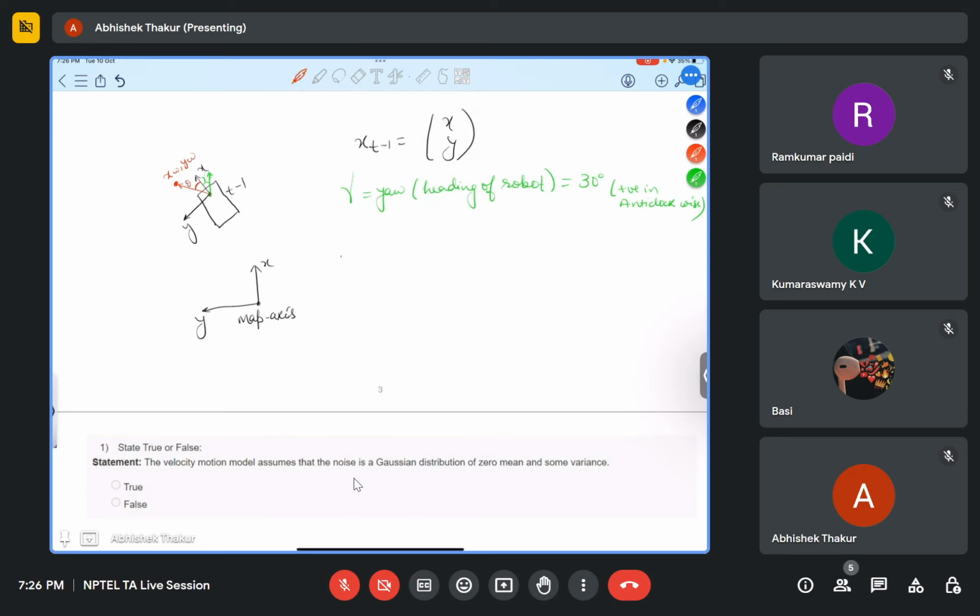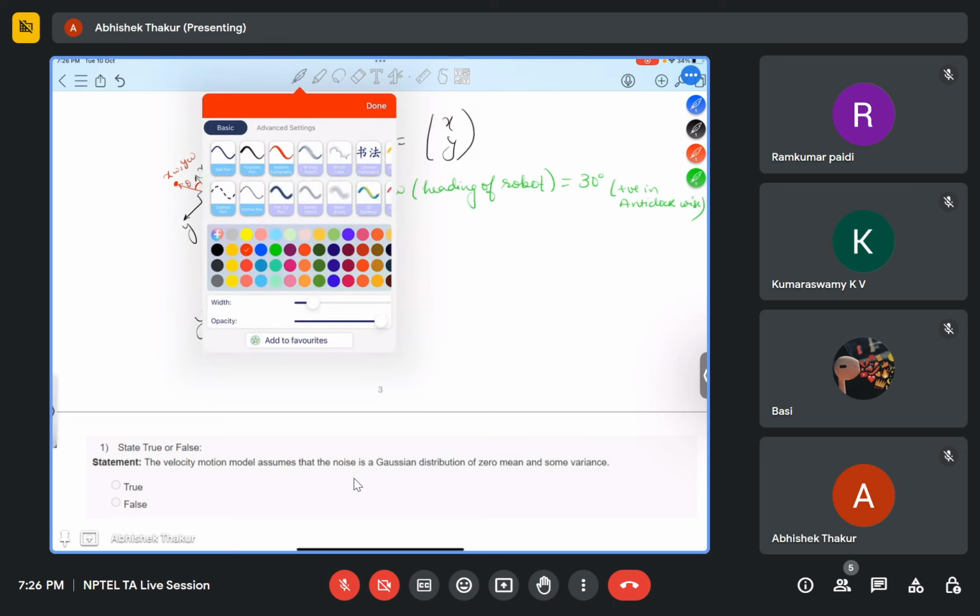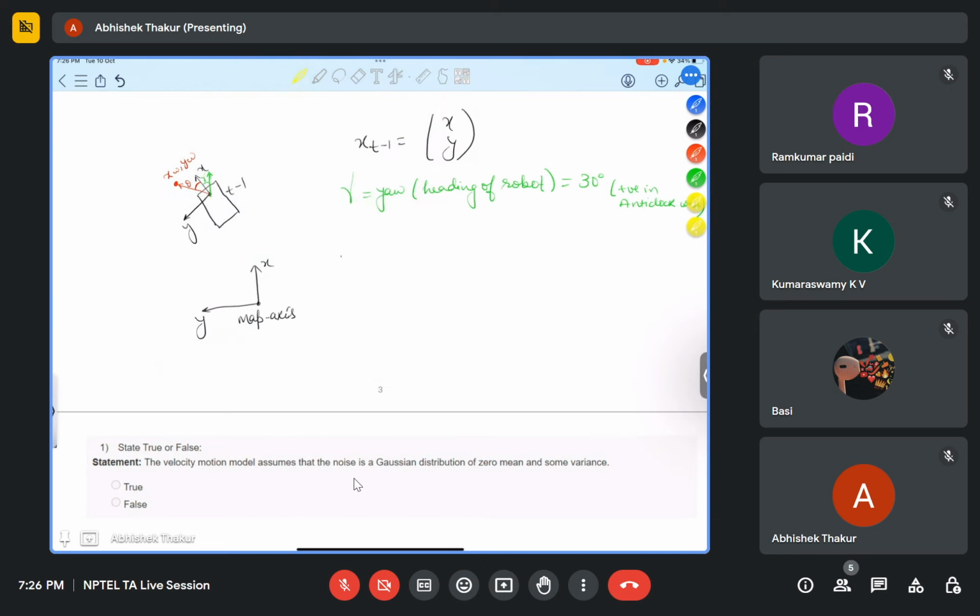Theta is the bearing angle which the robot should take to reach the next waypoint. So here theta will be, as you can see from the figure, this divided by this, like tan inverse y by x.